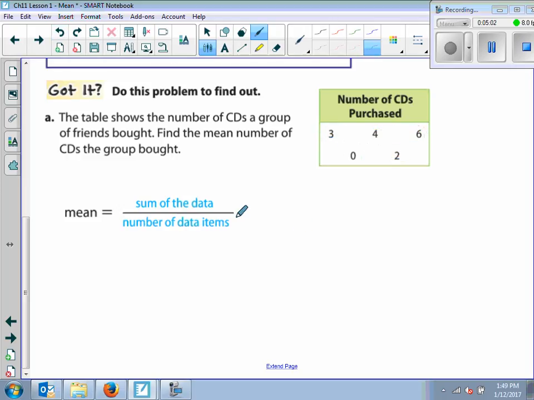So we have 15 divided by the number of data items: 1, 2, 3, 4, 5. Once again, we include that 0, because even if it is a 0, it's still a data item. So we divide by 5. The average or the mean number of CDs the group bought is 3. Very good. 3 what? CDs.